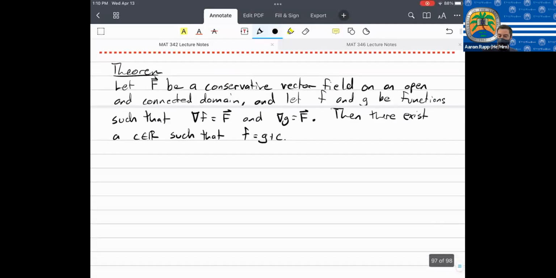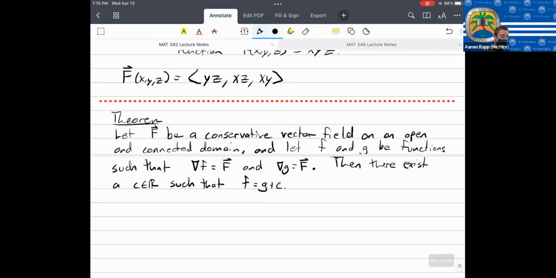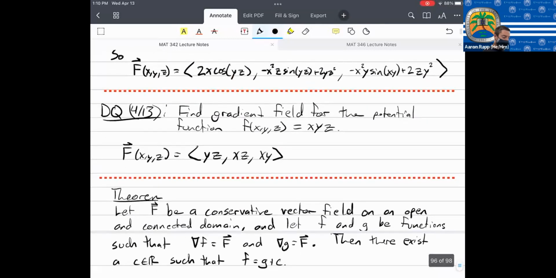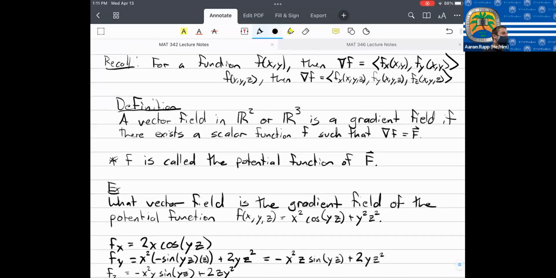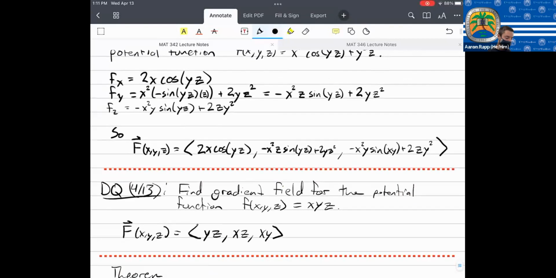And another theorem with this, and more importantly, this is a way to tell whether or not you do have a conservative vector field, and it's a way to do it without trying to find the antiderivative. Up until now, a conservative vector field is just a vector field that has a potential function. So I can figure out some function that I take the gradient of to get this vector field.